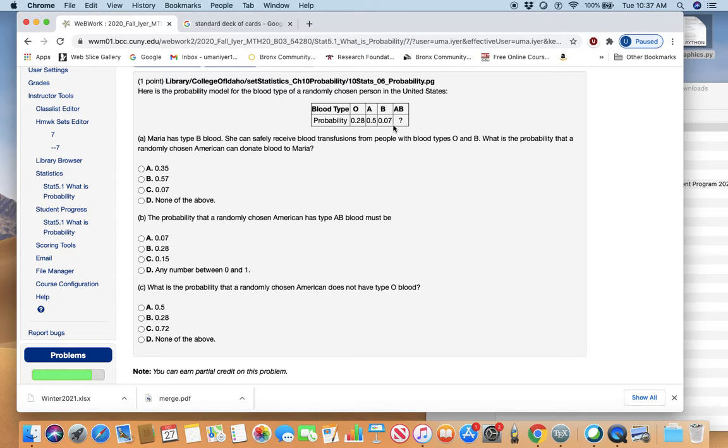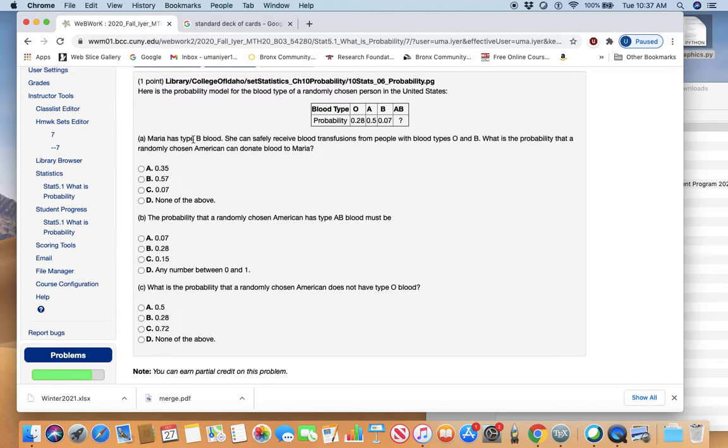All right. So let's go over the questions. So Maria has type B blood. She can safely receive blood transfusions from people with O and B. What is the probability that a randomly chosen American can donate to Maria?